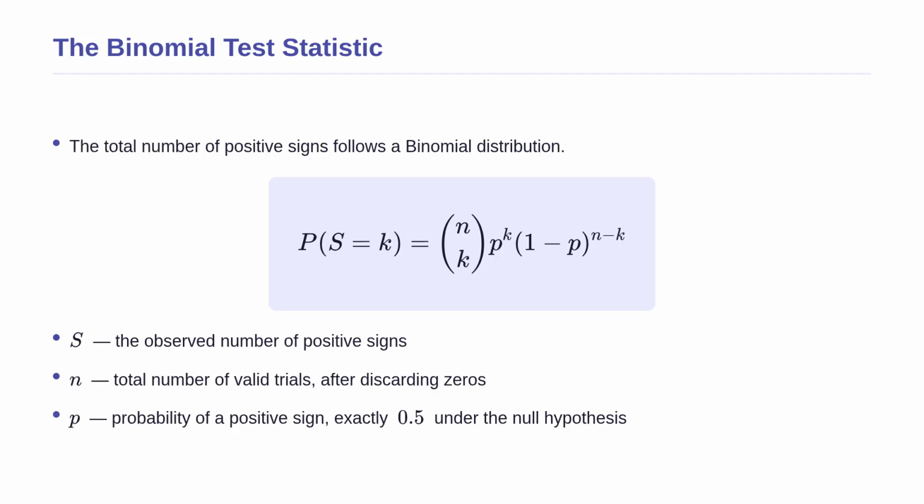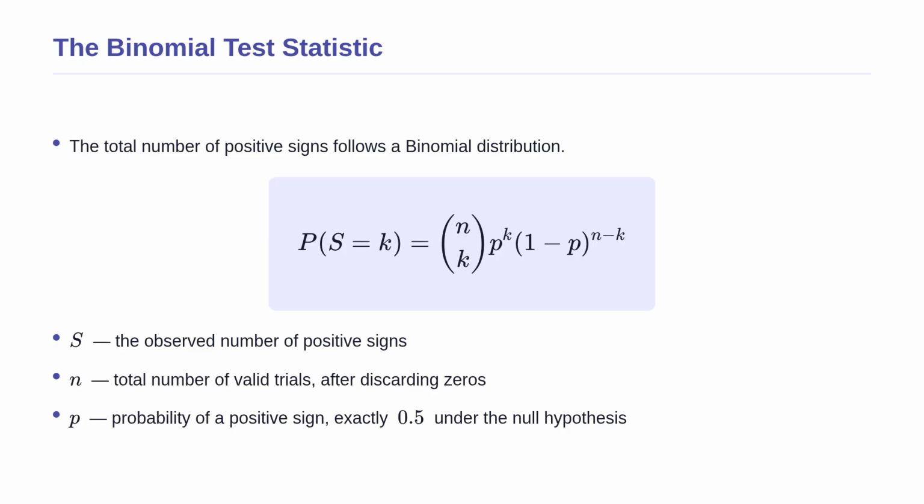This brings us to how we evaluate the total number of positive signs we just defined. Under the null hypothesis, getting a value above the median is just as likely as getting one below it. Therefore, the count of positive signs follows a binomial distribution, exactly like flipping a fair coin multiple times.